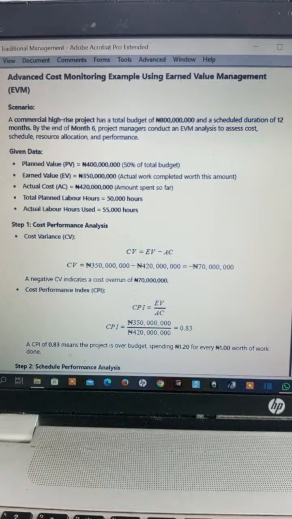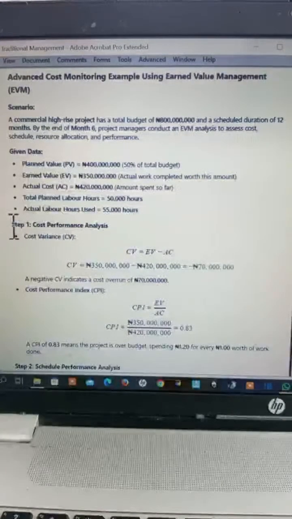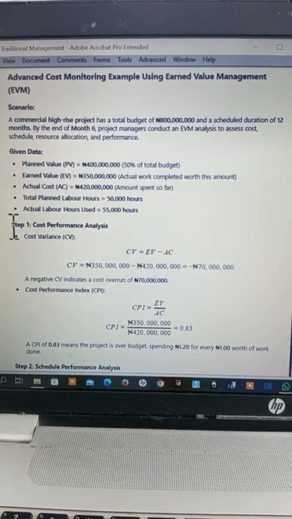So this is step 1. We are starting, you've gotten your data. Step 1 is the cost performance analysis, which is to find the cost performance index to establish whether this project is going in line with the budget, because we are monitoring the costs.